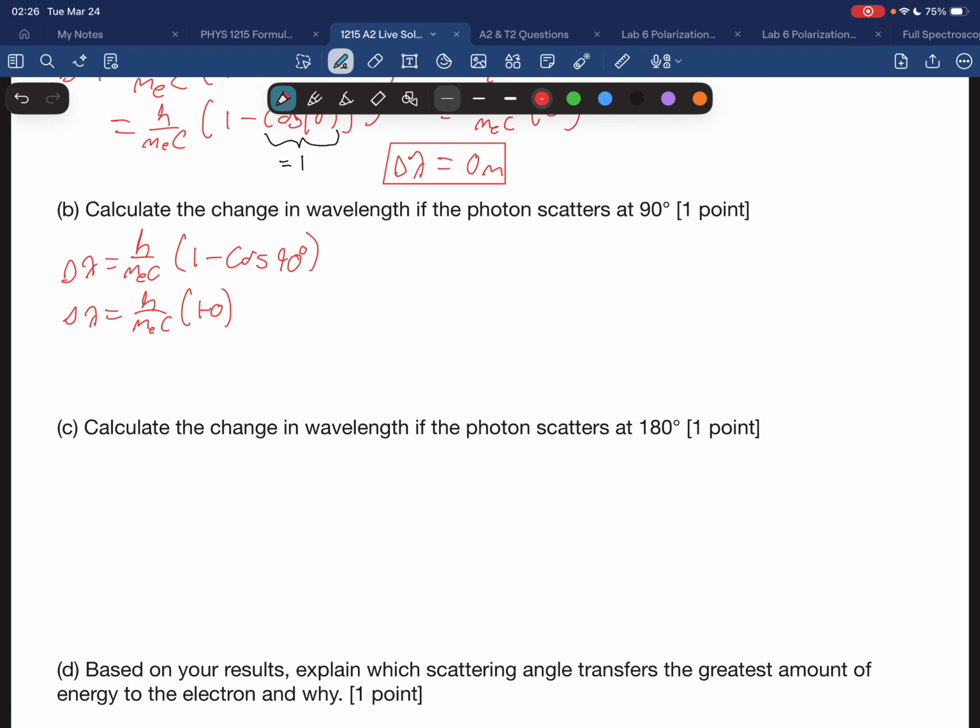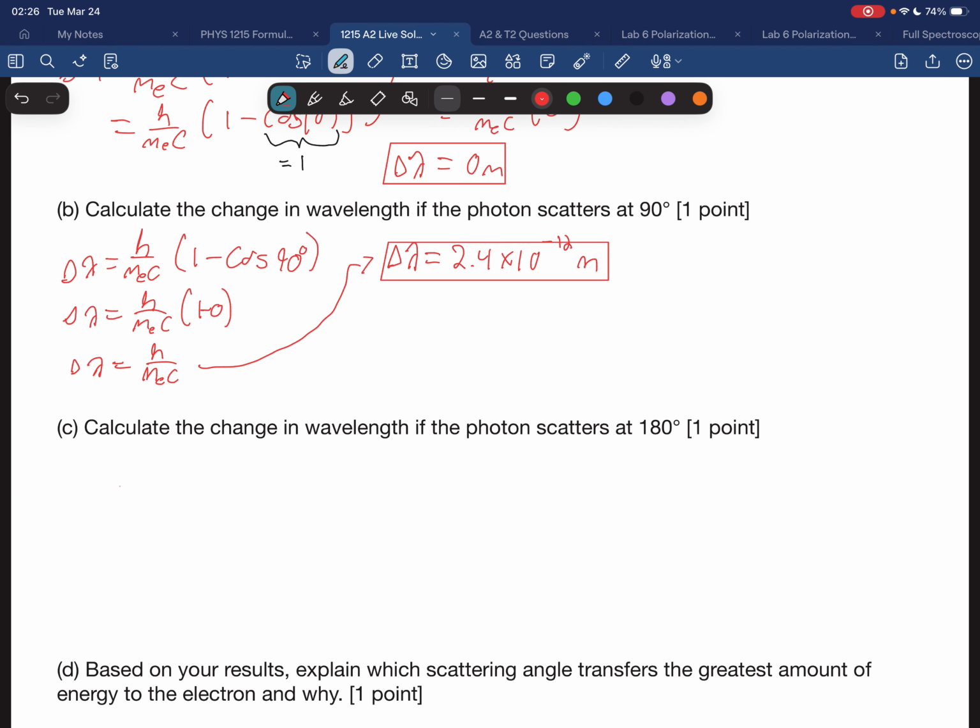So 1 minus 0, we end up with just 1 inside here, and we end up with just h over m_e c as our answer. Punching these constants into a calculator, we get a change in wavelength equal to 2.4 times 10 to the negative 12 meters. Great.